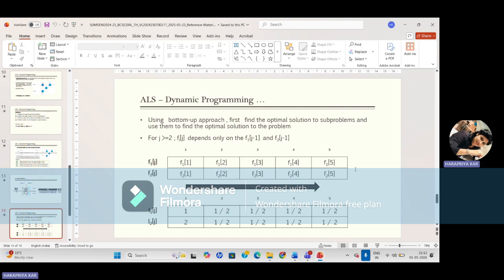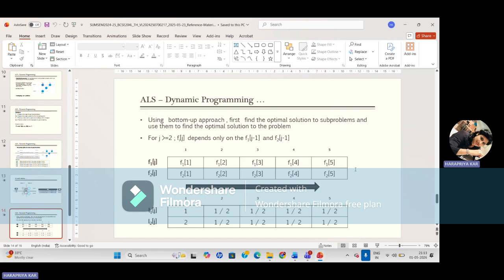F2 of j will work over f2 1, f2 2, f2 3, f2 4 and f2 5. And again it will move with the a1j. So this is the iteration based on the line scheduling that we have to move through. Based on this, you have to check the condition, and then go through the constraint, how it is working.